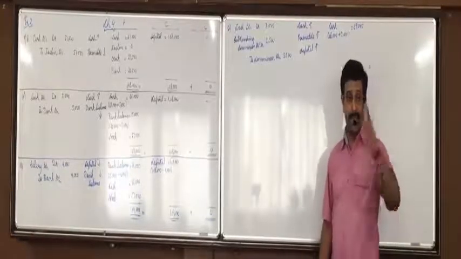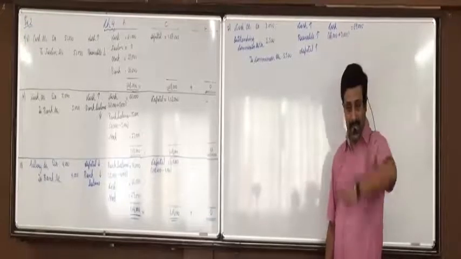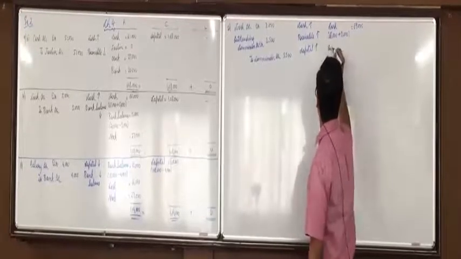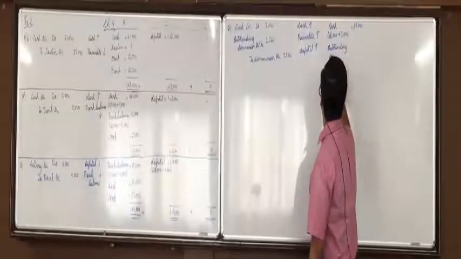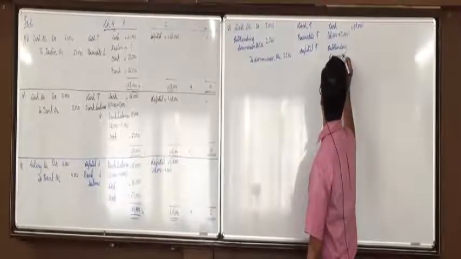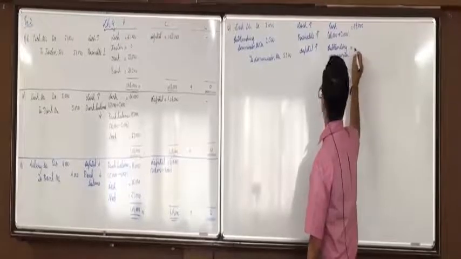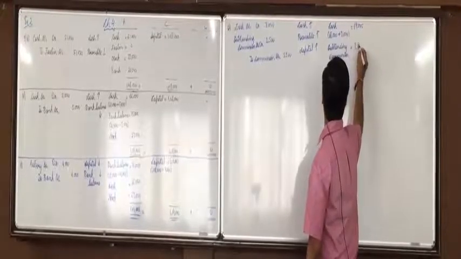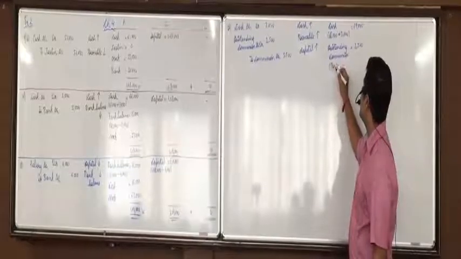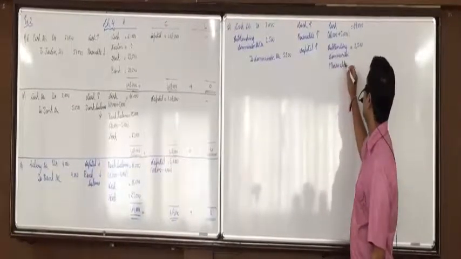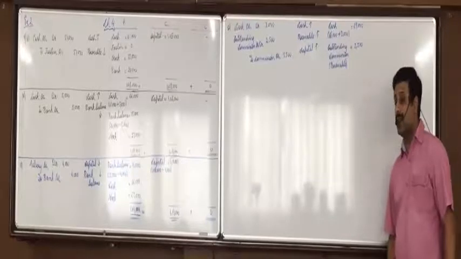Assets. See in the summary I made it: payables, liabilities, receivables, assets. So this outstanding commission, which is a receivable, you'll write in assets, 2,500. Okay, in bracket you can mention receivable for your understanding. It is an asset because it is receivable.